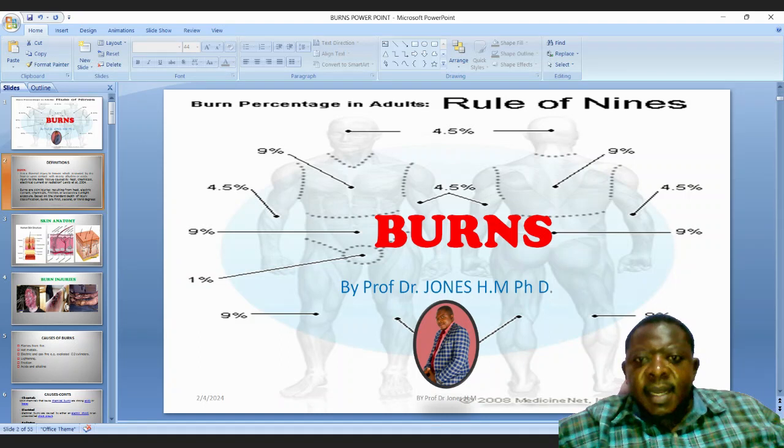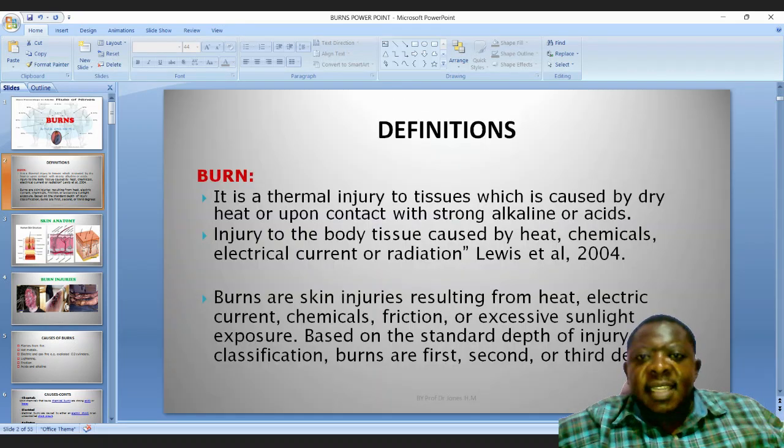Okay, so let's move on to understand the definition of burns. I have three definitions of burns, and the last one will try to conceptualize the scientific definition. Burns mostly are looked at as thermal injury to the tissues, which is caused by dry heat or upon contact with strong alkaline or acids.